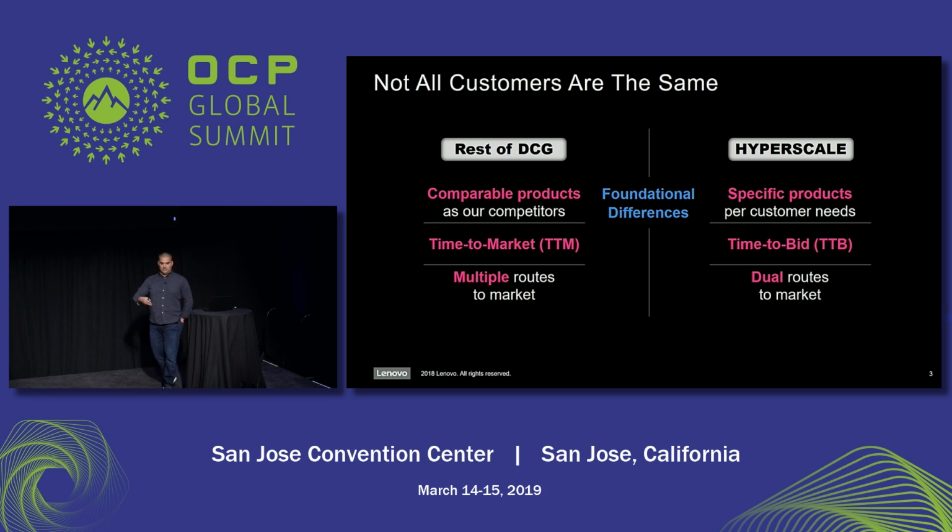Typically we're under pressure to get bids out for RFPs or RFIs, and the timing doesn't necessarily have to align with a product announcement or release from a silicon provider, for example. We attack the hyperscale market in two methods. 99% of it is through direct sales for our tier 1s, and the other could be direct or indirect for the tier 2 or tier 3 space.